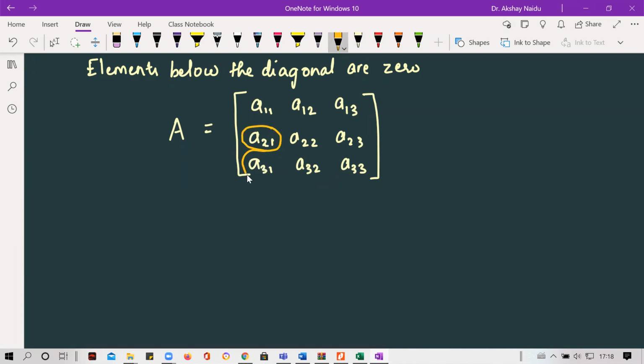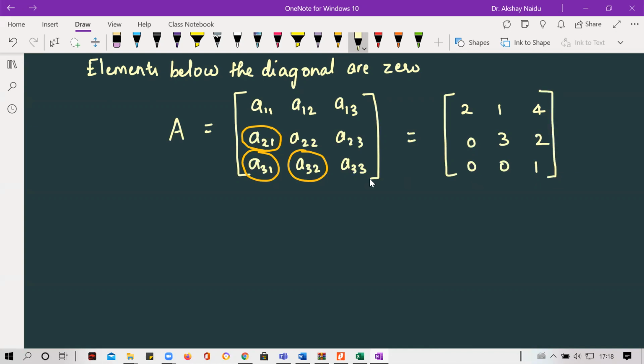21, 31, 32. So these elements are zeros. So you get a matrix like this. This type of matrix is called an upper triangular matrix.